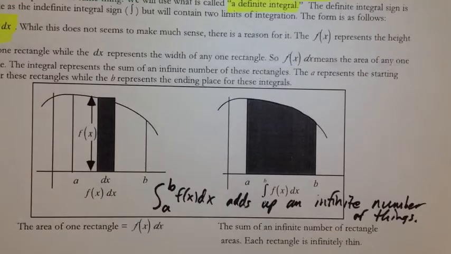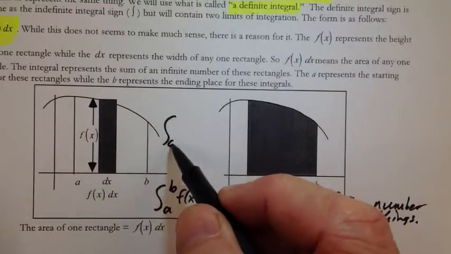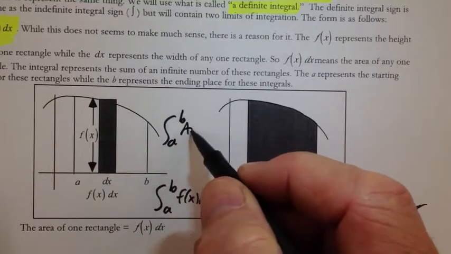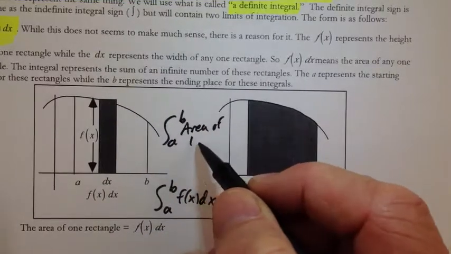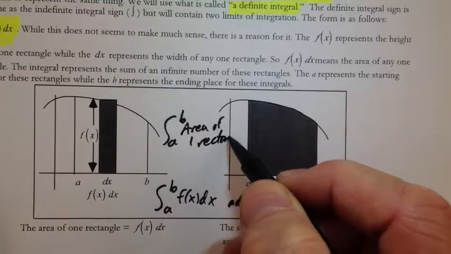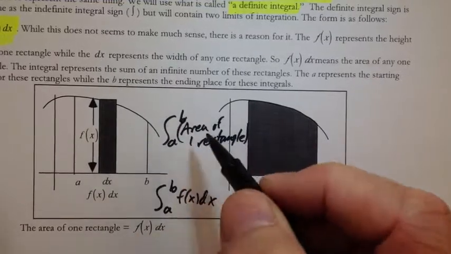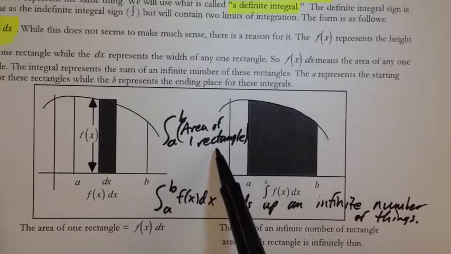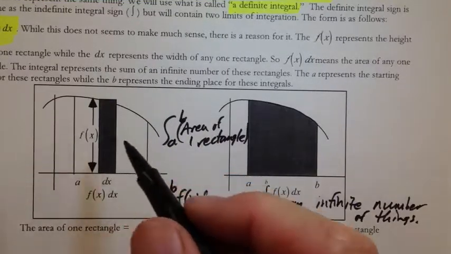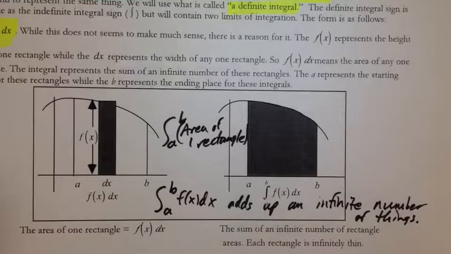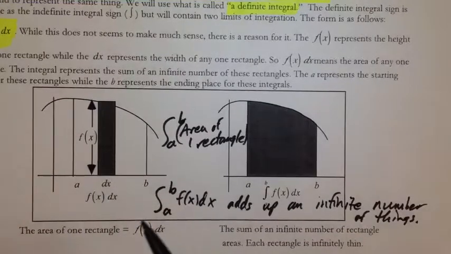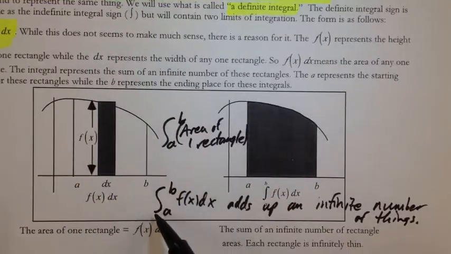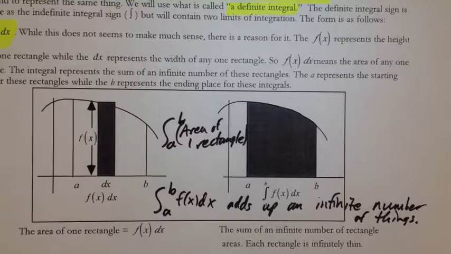Okay, and these things, in this case the integral from a to b, all you need is the area of one rectangle. I should use a different color. So we're going to be integrating from a to b, adding up an infinite number of areas of rectangles. All you need to do to put these integral expressions together is write the integral symbol, then write the lower limit of integration.